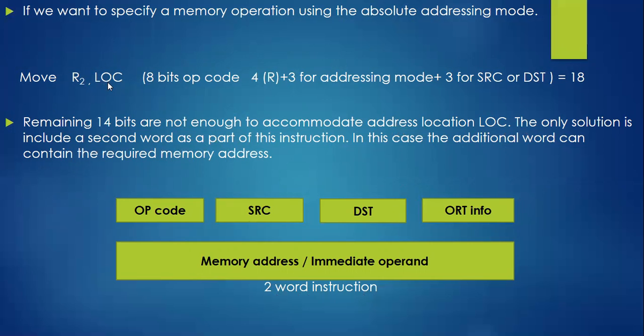If I want to represent it along with other information, what I am left with is only 14 bits. This is not enough to accommodate LOC. So we leave these 14 bits as they are, to be utilized for any other purpose, and we acquire this second word. The first word is the instruction, and the second word is acquired to maintain the address of this particular location. If this is the case, we call it a 2-word instruction.